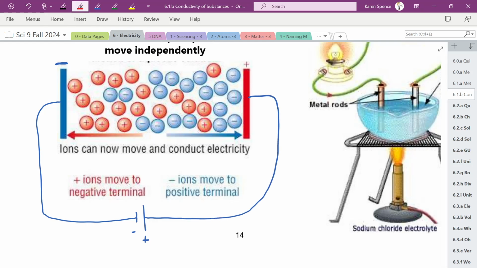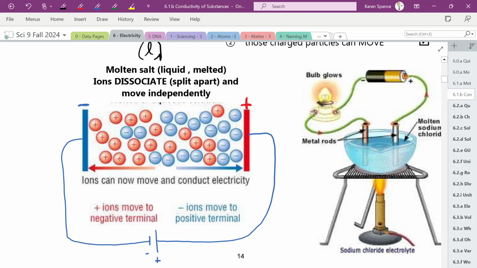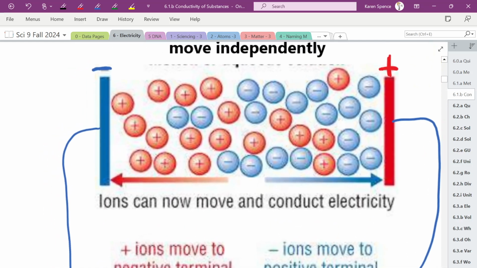So that's negative, that's positive. Up here we have positive. If this is a molten salt, then just like water molecules, the ions can move past one another. It's as though I took this thing and sawed all of these little bonds, and now everything can just move. Which direction will the positive ions move?